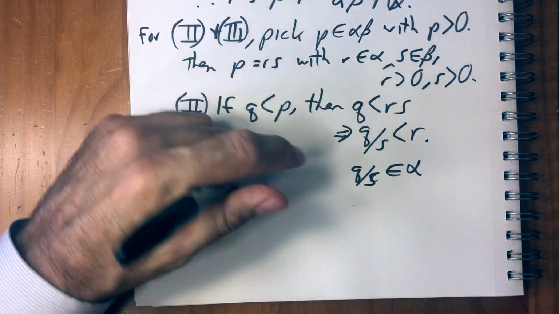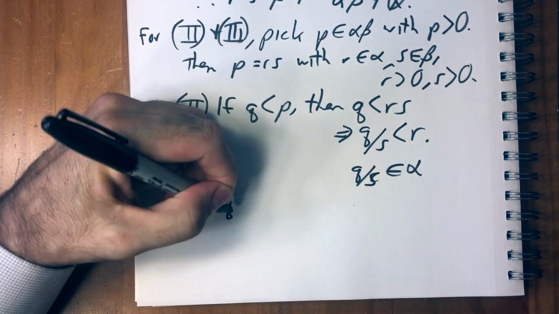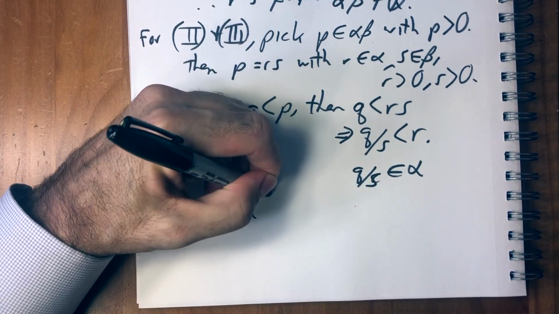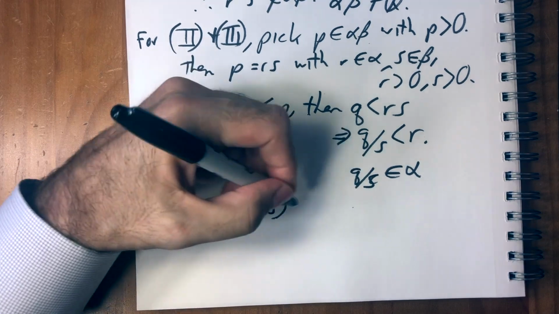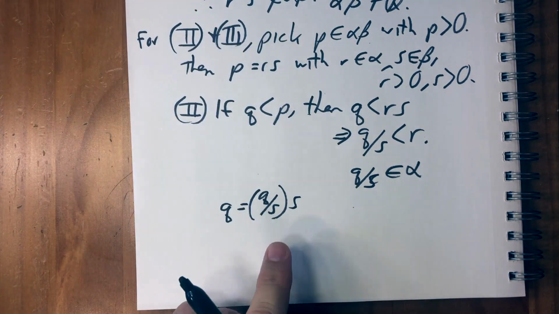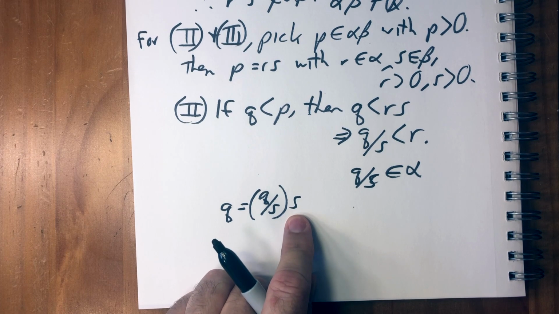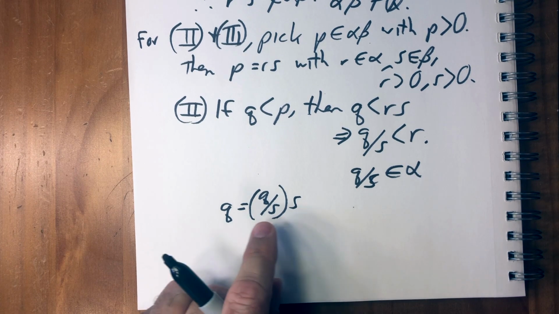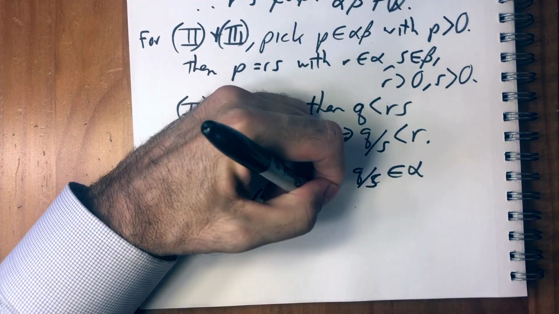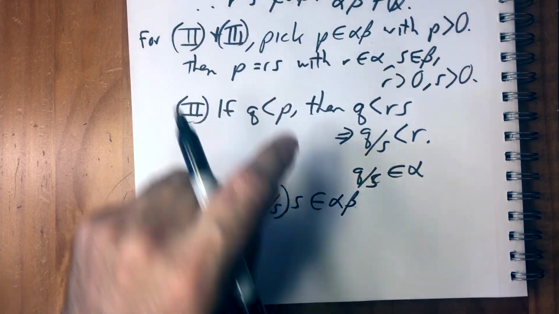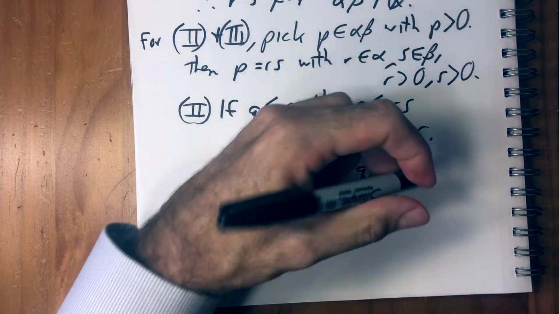Then we have that q equals q over s times s. So we just showed that q over s is in alpha. We were given that s is in beta. So this is an element of alpha beta. So q is an element of alpha beta. That's 2.